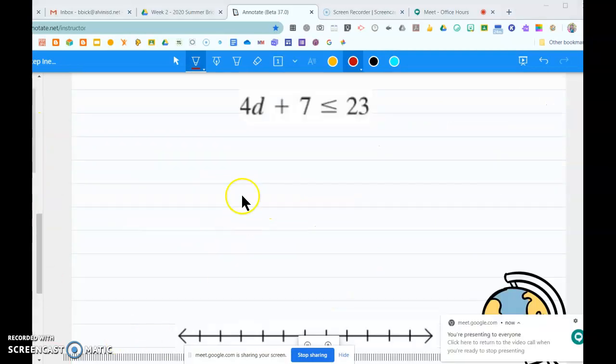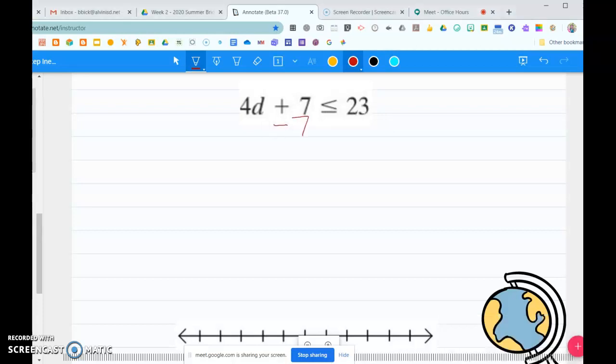All right, our next example is 4d plus 7 is less than or equal to 23. Okay? So we're going to solve it just like when we were solving an equation. We're going to start by trying to isolate the variable and get our constant to go to the other side. So I'm going to start by subtracting 7 to create a 0 pair here. 23 minus 7 is 16.